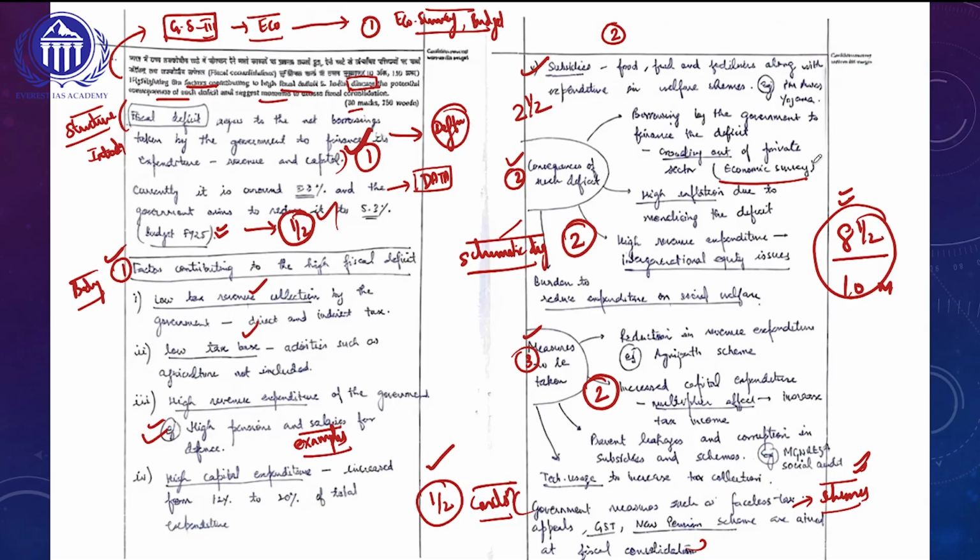What are some of the points this topper has done? Why this topper has scored this maximum is that for a 10-marker question, this topper has utilized for the first subheading 5 points, second subheading 4 points, and for the third subheading 4 points. So almost 13 to 14 points this topper has written. This is one important thing which we should learn.